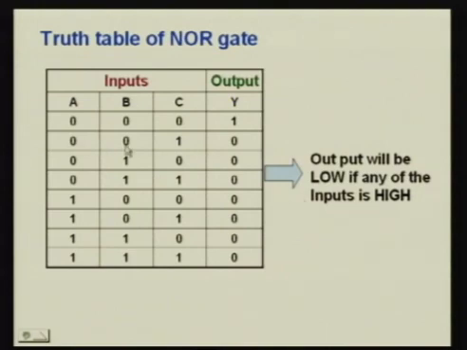Just see, here only C is high and still the output is low. Here B is high and the output is low. Here all 3 are high, the output is low. So the output will be low if one or more than one inputs are high. This was about the NOR gate.